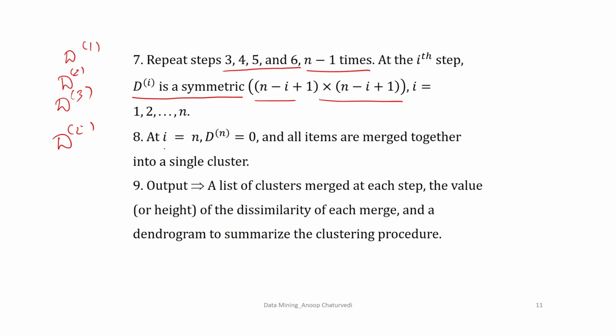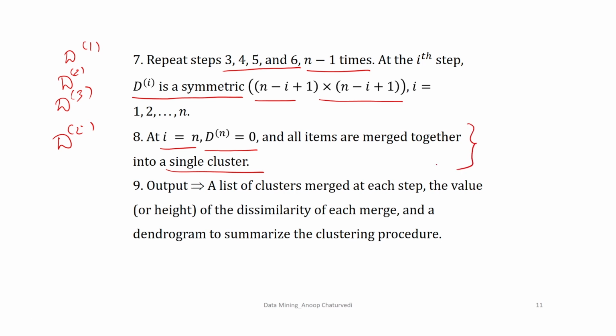Then at I equal to n, Dn is equal to 0 and all items are merged together in a single cluster. So, we continue this process until we reach this stage.